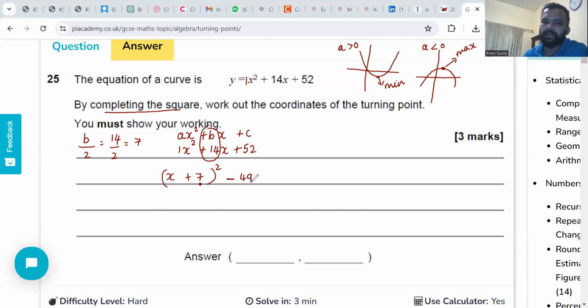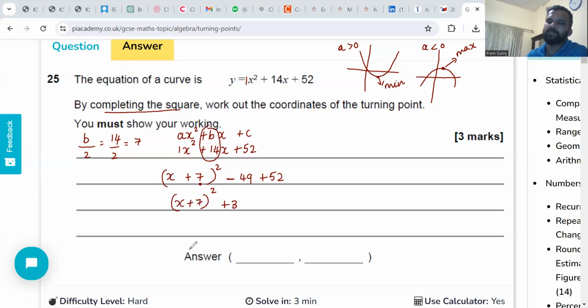When I square it, I'll get 49. Then you write down your c value, 52 in this case, so plus 52. Simplify it further, I'll get x plus 7 the whole square minus 49 plus 52, that is positive 3. 52 minus 49 is 3.